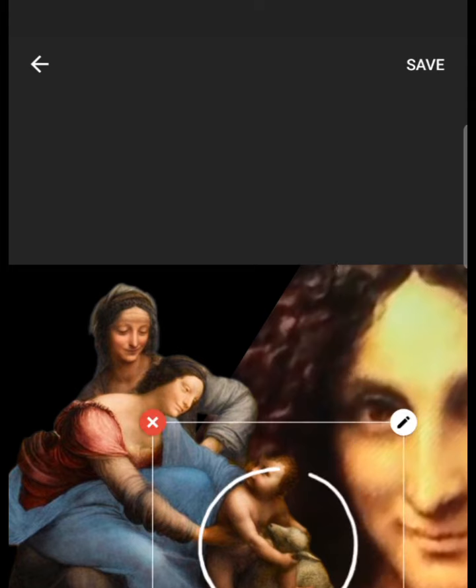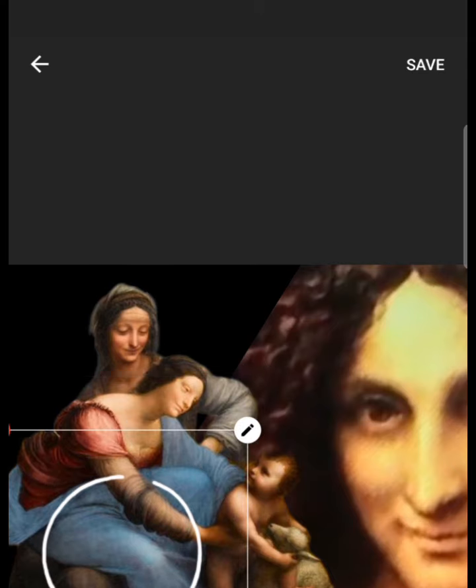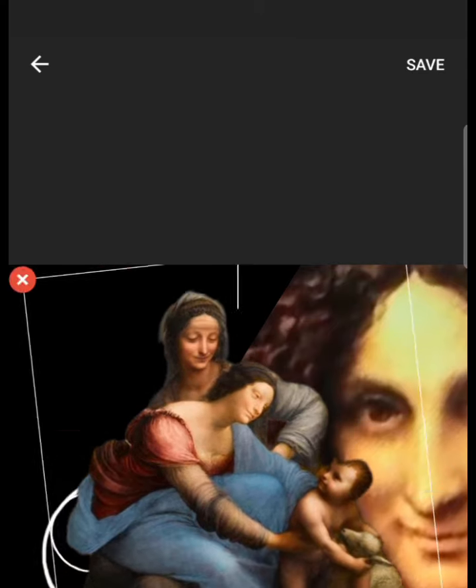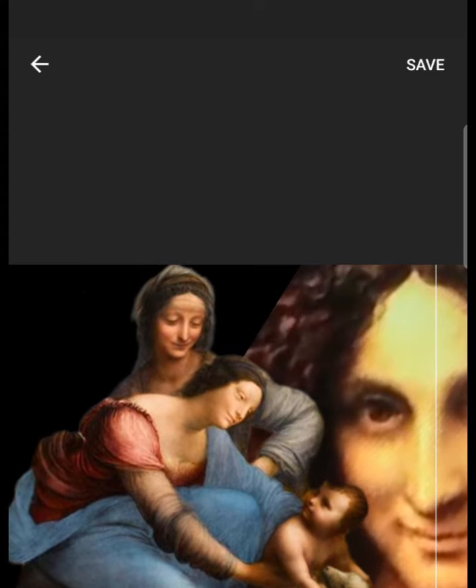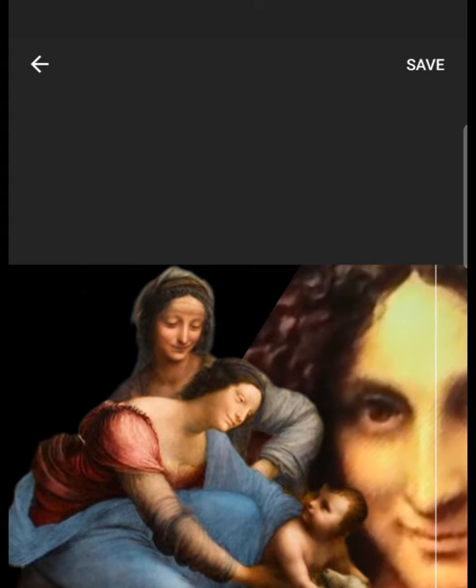Is the reason why we see the opening, or I should say the vagina, that portal, because this baby is connected. This baby is the reason why you're seeing this baby in the Mona Lisa.